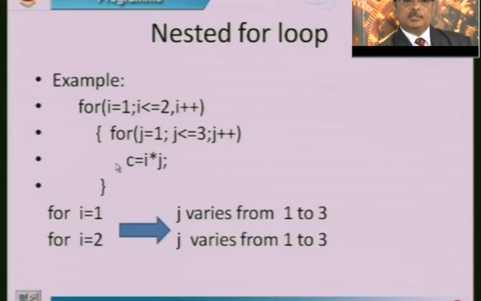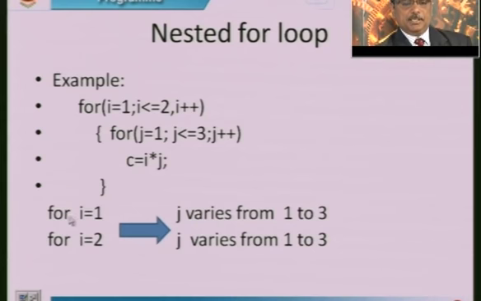After executing 3 times, the control goes back once again to the first for statement. As per this instruction, i is incremented to 2, and as per this condition, 2 less than or equal to 2 is true, so control goes on, j is reinitialized to 1, and this statement c is into ij executes 3 times because you have put the condition j less than or equal to 3.